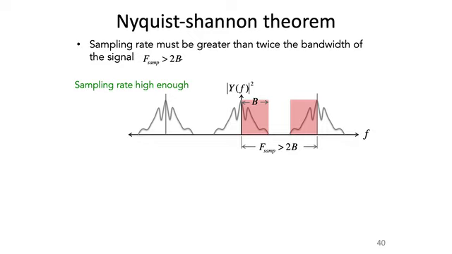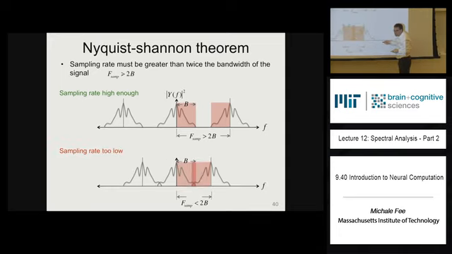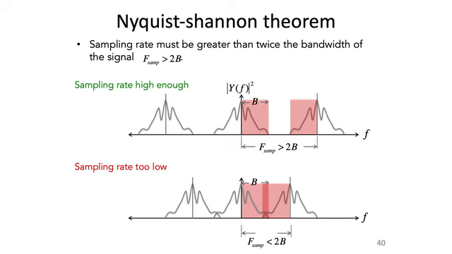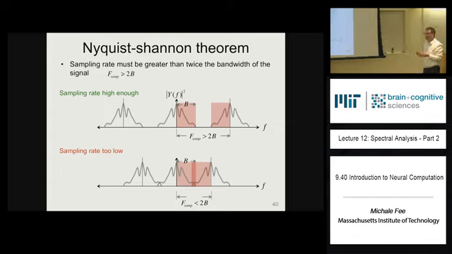So if the sampling rate is less than twice the bandwidth, what happens? That means delta t is too big. These copies of the spectrum are too close to each other, and they overlap. That overlap is called aliasing. A-L-I-A-S-I-N-G. Okay?